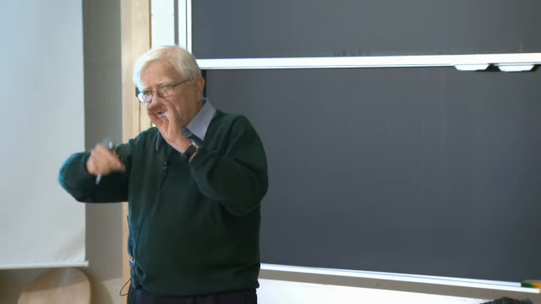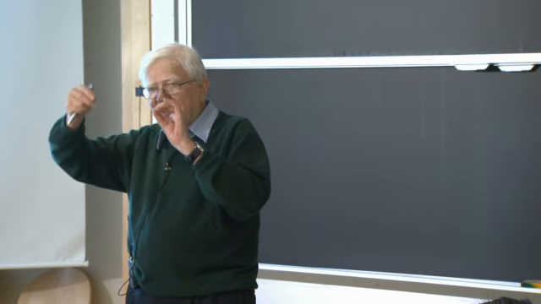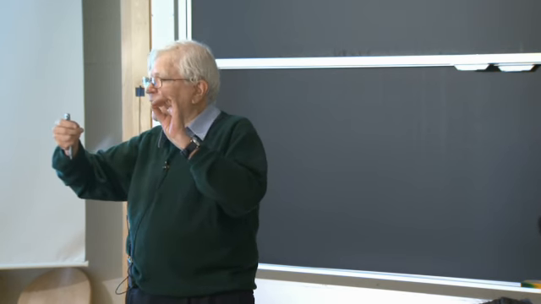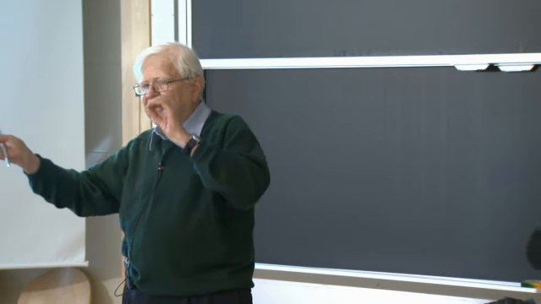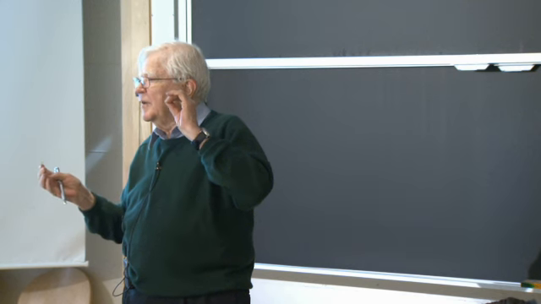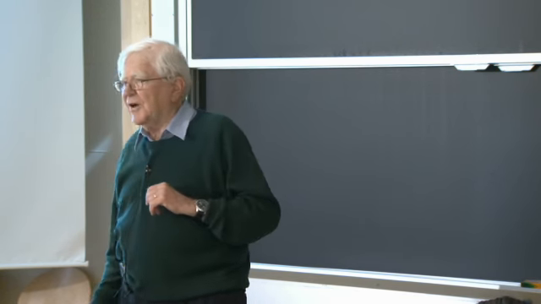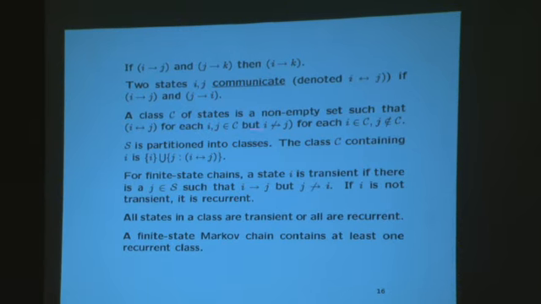Then you look at all of the states which you can access from any one of those. Those are the states which are accessible in two steps, then in 3 steps, and so forth. So you find all the nodes that are accessible from node I, and then you turn around and do it the other way, and presto, you have all of these classes of states all very simply.